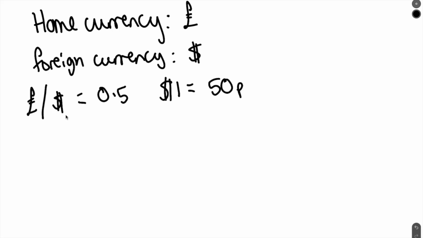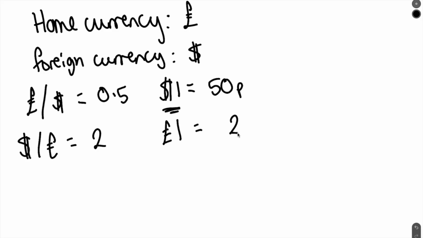This is because the thing that's on the bottom of the fraction, the denominator, is per dollar. So it's always a 1 for the one that's on the bottom, so it's $1. If I had it as dollars per pound, and I had it as, let's say 2, for example, then what that says is 1 pound equals $2, okay?